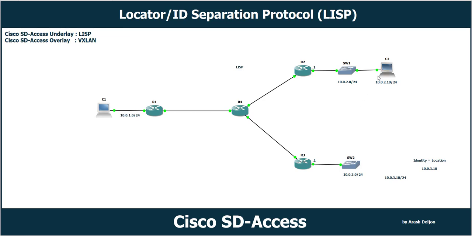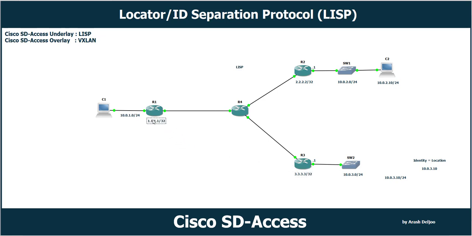What does it mean? Assume that in this network, the IP address of computer 2 is 10.0.2.10, like the previous scenario. In each router, for example, we have a loopback IP address. Let me write here quad 2/32 in router 2, quad 3/32 in router 3, and finally in router 1 we have quad 1/32.